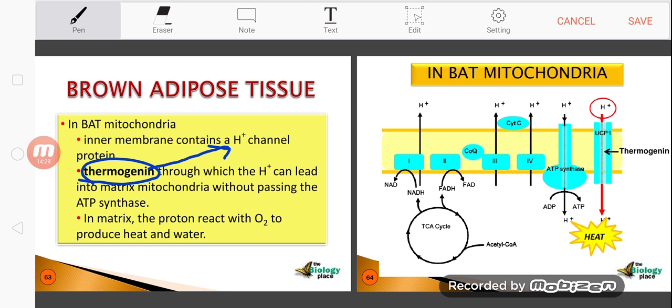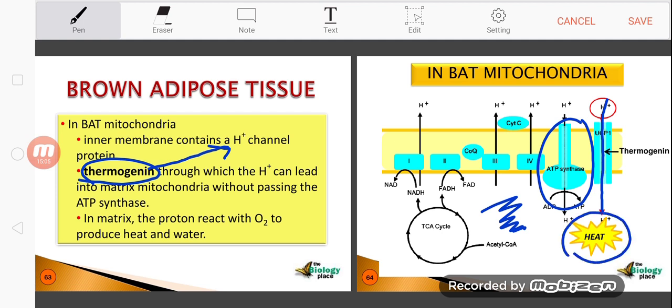So thermogenin lets the H plus into the matrix of mitochondria without passing the normal pathway, which is the ATP synthase. During this transportation of H plus through thermogenin into the matrix of mitochondria, this proton will react with oxygen, and that reaction produces heat.